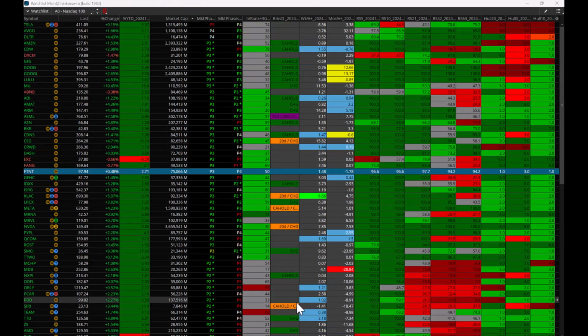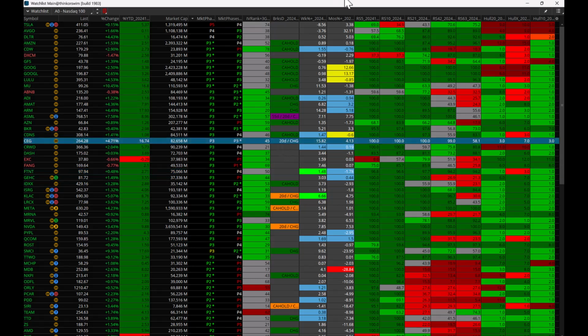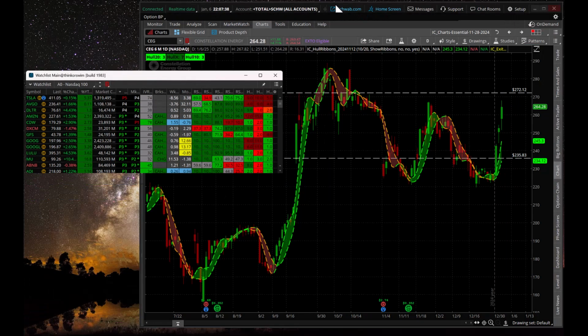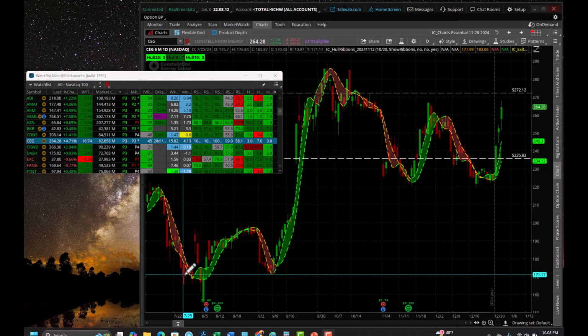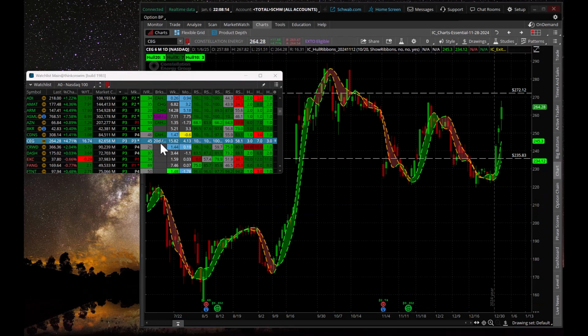So I want to show you what it looked like. Here's a case in point where for this particular symbol, we've got two conditions that happened at the same time. We happen to have a 20-day high and also a close higher gap that happened on the same day, and we can clearly see the close higher gap.